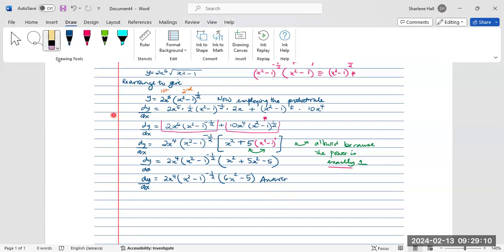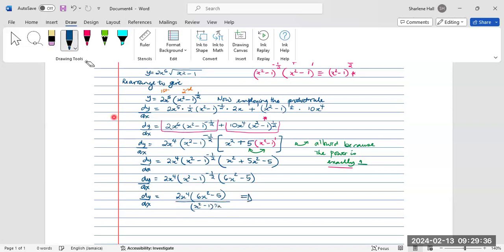Very good, Cheyenne. Very, very good. And that's why I was waiting, because I did say to you that we never normally write our answer as a negative index. So it's going to be 2x to the fourth times 6x squared minus 5 all over x squared minus 1 now to the positive half.